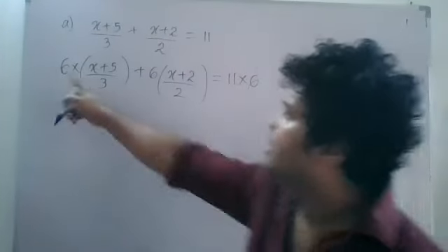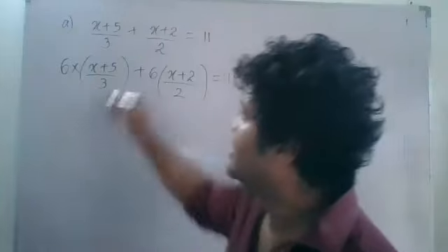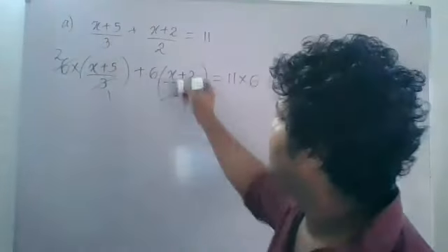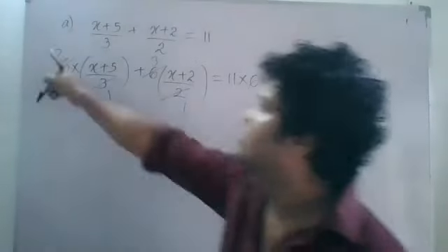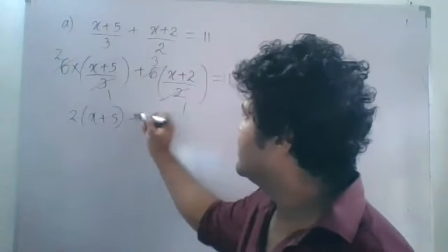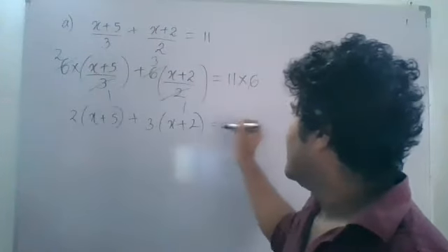Before you go to 6 times 6, actually we have to remove the denominator. 3 times 1, 3 times 2, 2 times 1, 2 times 3. Right? And 2 times (x + 5), 3 times (x + 2) equals 66.